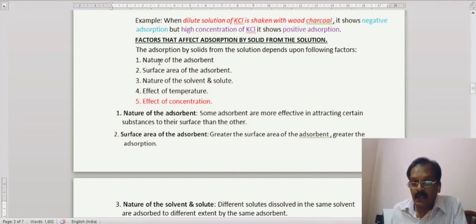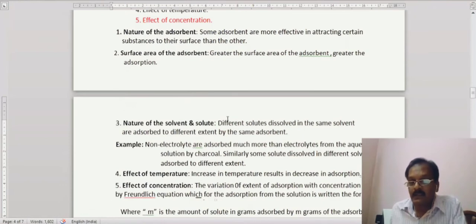And the nature of solute and solvent. Different solutes dissolved in the same solvent are adsorbed to different extents by the same adsorbent. The adsorbent is the same, but with different types of salts present in the same solvent, all these salts will not adsorb to the same extent.